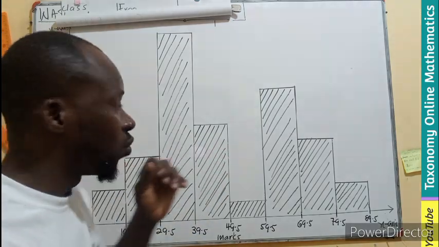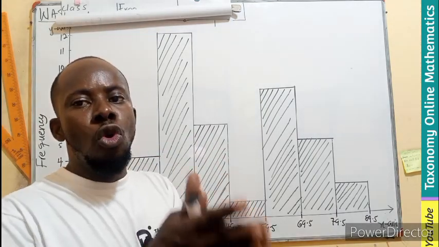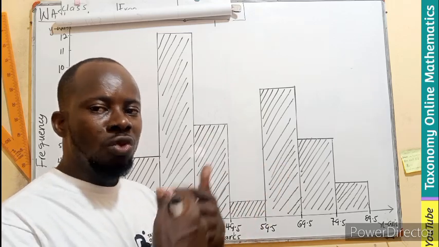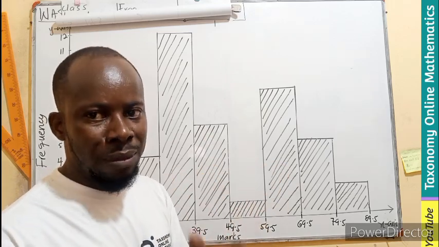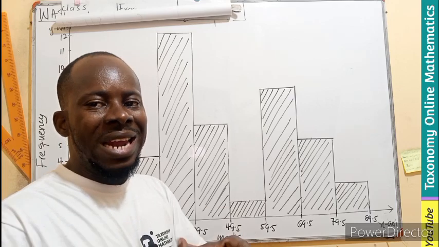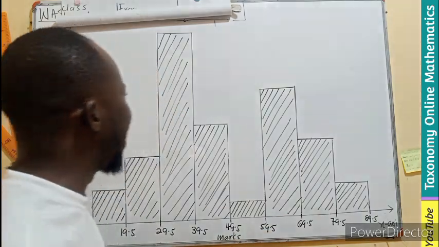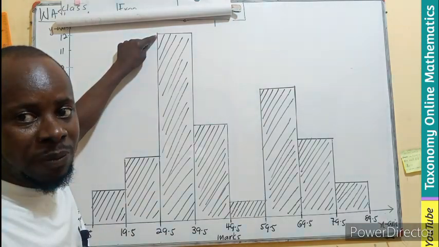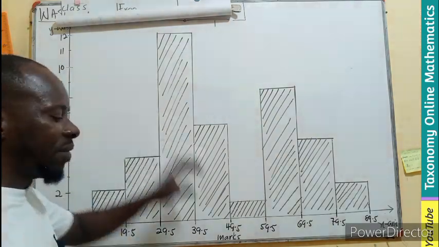The next question is to find the mode from the histogram, meaning using the histogram to determine what the mode is, the mode mark, not necessarily the interval. Now in doing that, you look out for the longest or the tallest bar, and the bar before it and after it.